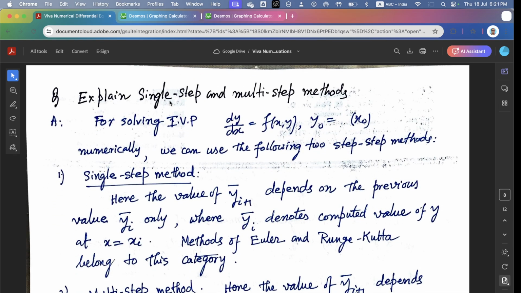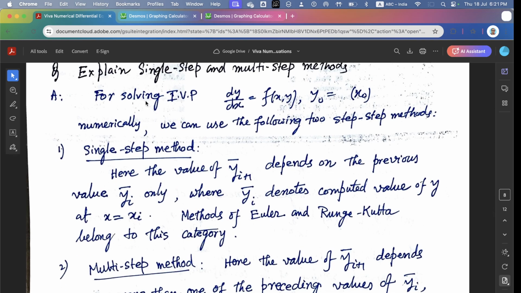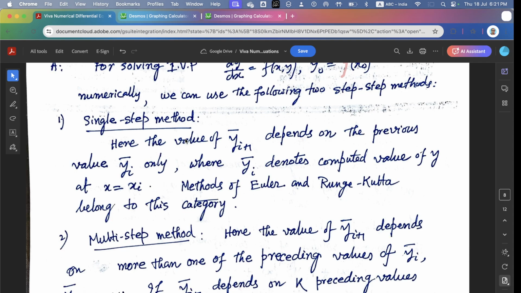Next question: explain single-step and multi-step methods. For solving the initial value problem dy/dx = f(x,y), y(x0) = y0 numerically, we can use the following two step-by-step methods. In a single-step method, the value of y(i+1) bar depends on the previous value y(i) bar only, where bar denotes the computed value of y at the point x = xi.